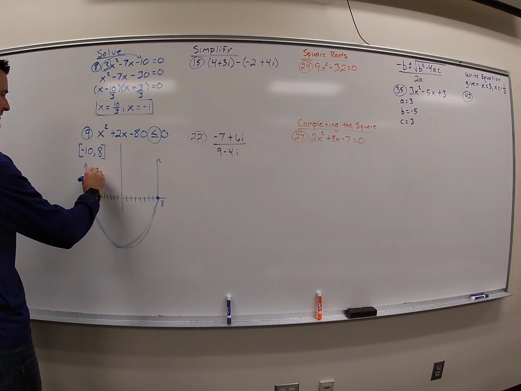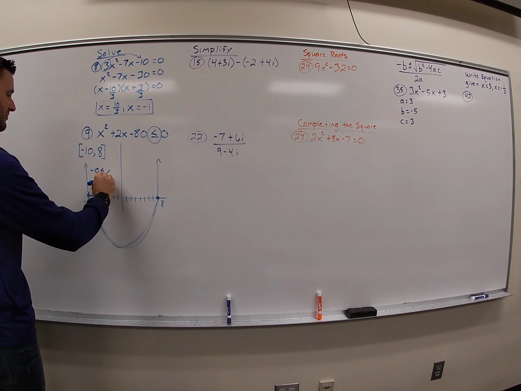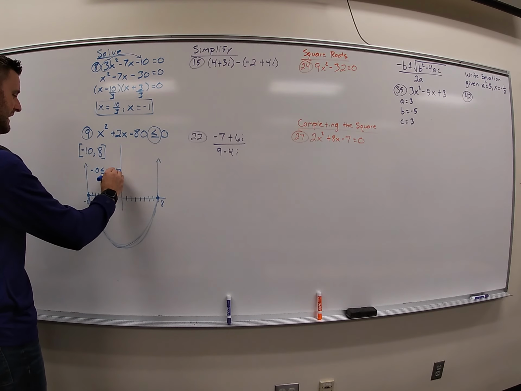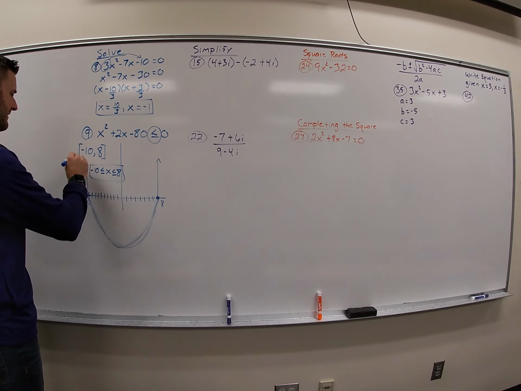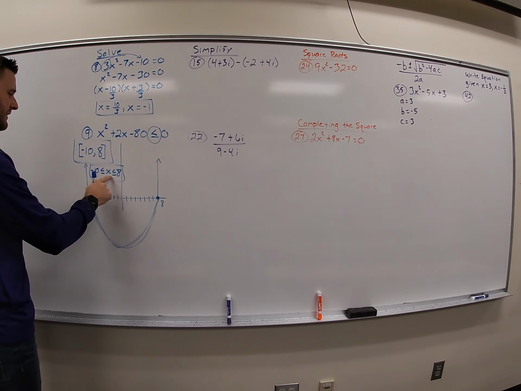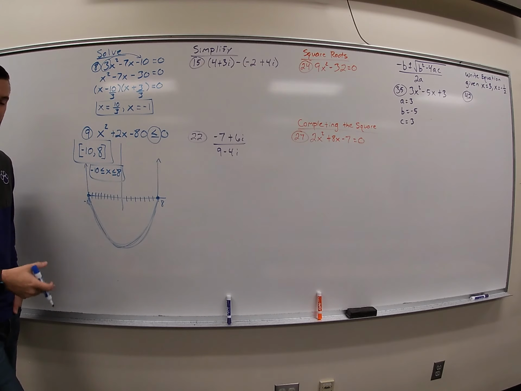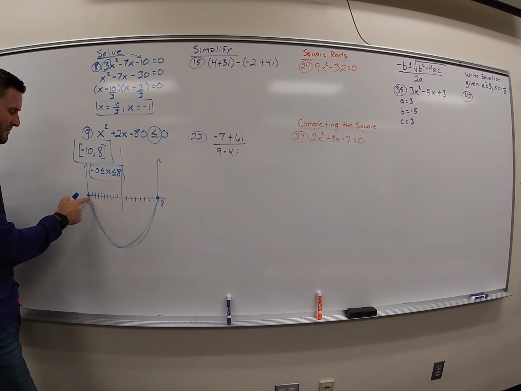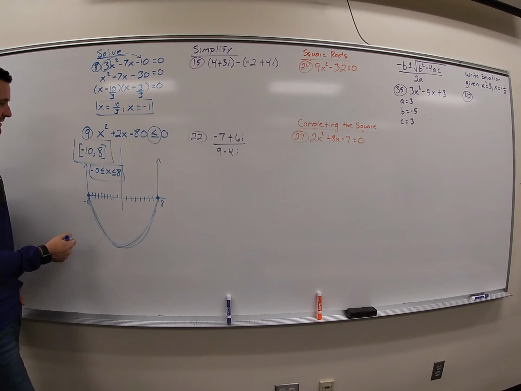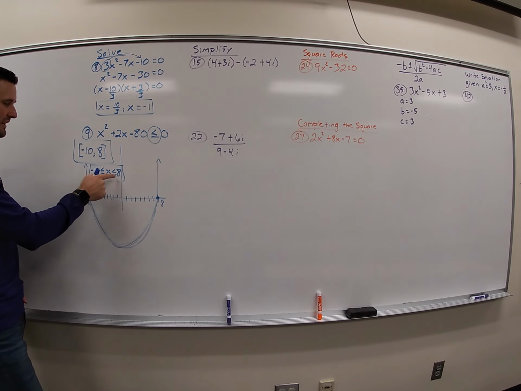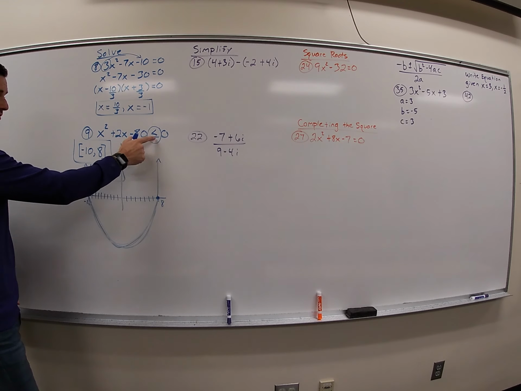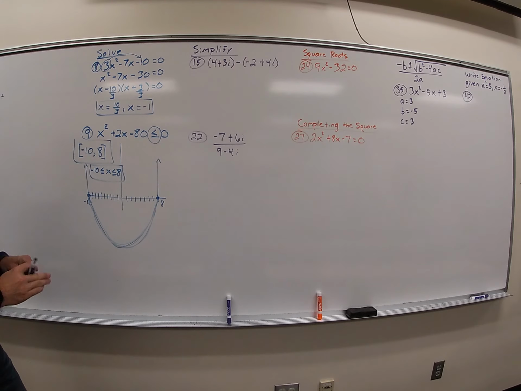But you would say negative 10 is less than or equal to x is less than or equal to 8. And remember that this symbol here is always going to match that when you're talking about your x variable being in between. So we're saying all of our x values that make this graph underneath the x-axis are going to be between negative 10 and 8. Make sure you use the equal to symbol.